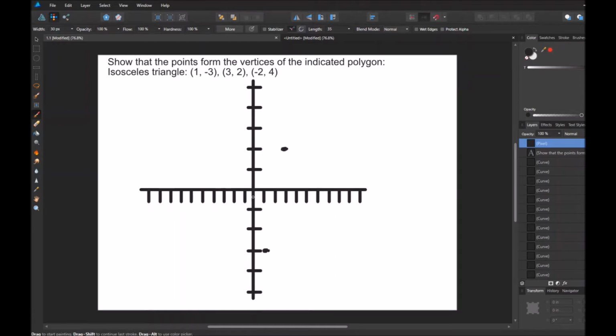And then negative 2, 4, we go to the left 2 and up 4. Right about there. And then we connect the dots like this, even though it might not look like a straight line at all. Just imagine it is, or use a straight edge to draw it.